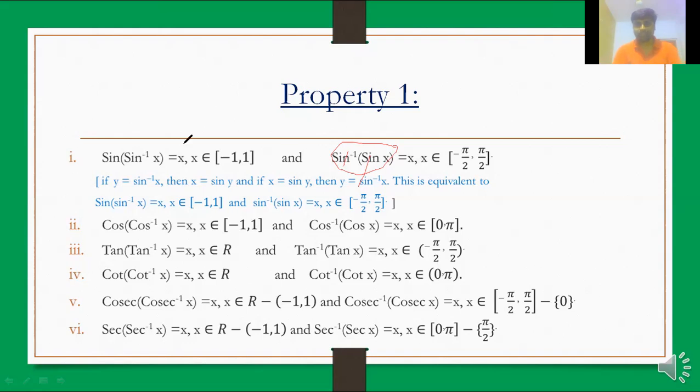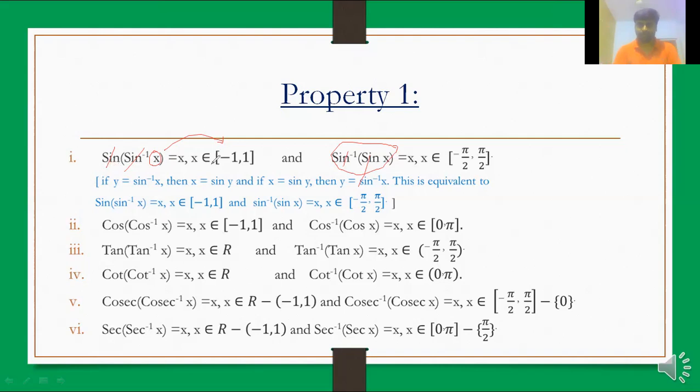You have to check whether the x inside belongs to the domain of sine inverse x or not. What is the domain of sine inverse x? It is -1 to +1. Whenever it lies in the domain, only then can we cancel sine and sine inverse. In most cases those will be defined, and we can simply eliminate them and write the term left inside the bracket.